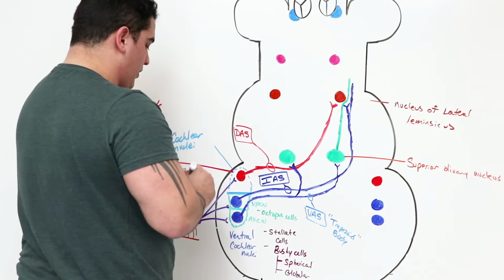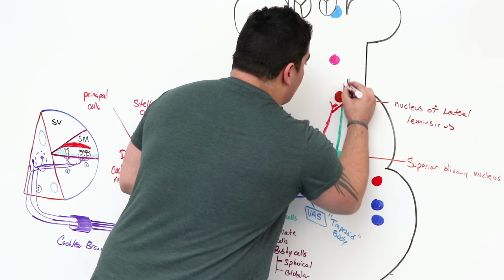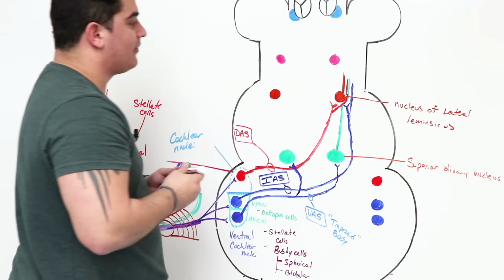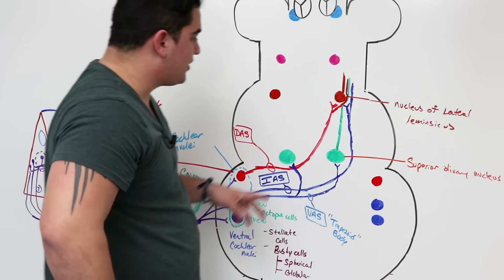You're going to have the fibers from the nucleus of the lateral lemniscus. Some of the dorsal acoustic striae fibers are going to synapse there. Then they move up also. Look what you have now: the dorsal acoustic striae, the ventral acoustic striae, which synapse on the contralateral superior olivary nucleus, and the intermediate acoustic striae. As they're moving up, some of them synapse on the nucleus of the lateral lemniscus.